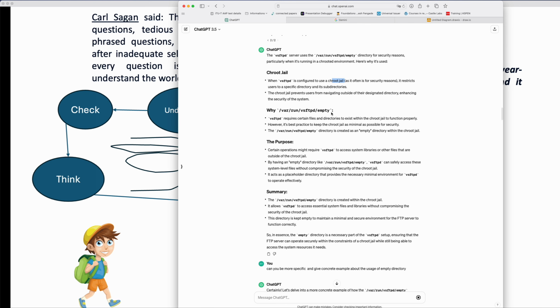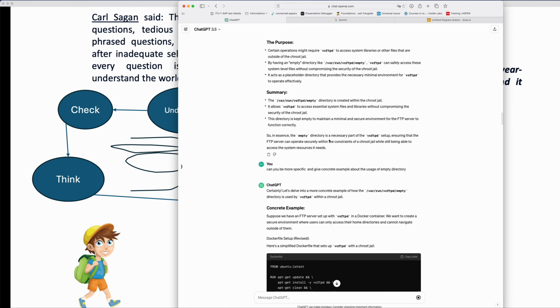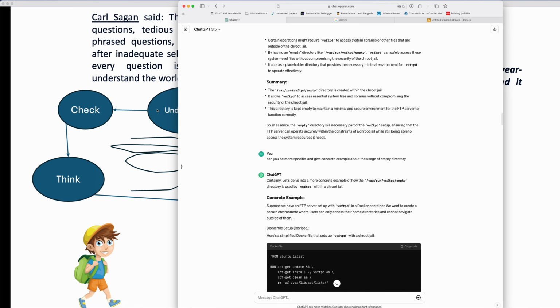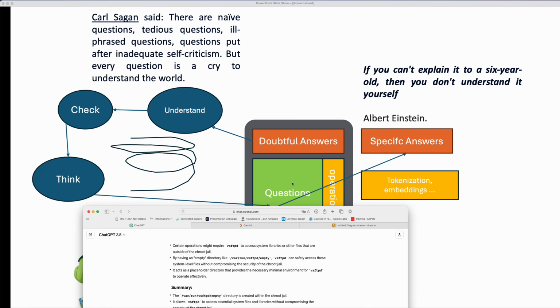The tool is saying that because this FTP server is jailed, we need this folder, more or less. But still, for me, something is not clear. I checked, it exists in fact and we need it, but I started to ask many additional questions that you see here.